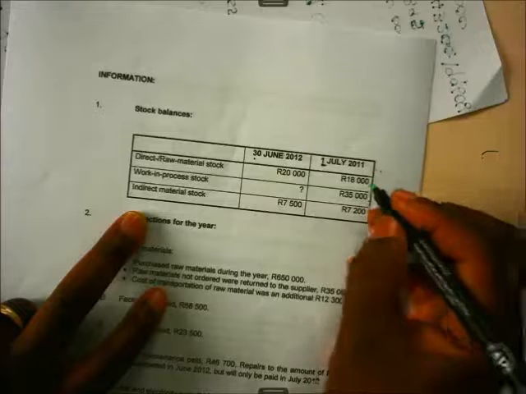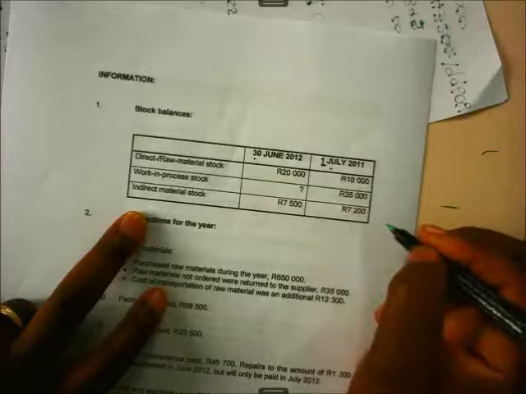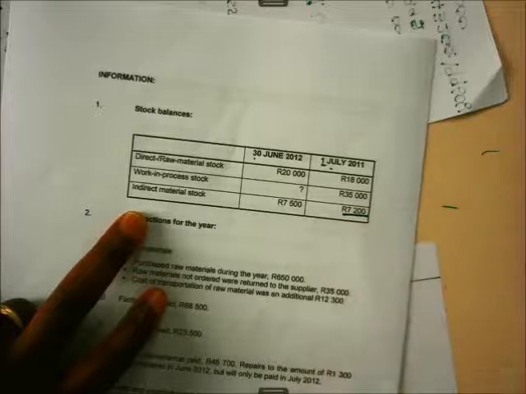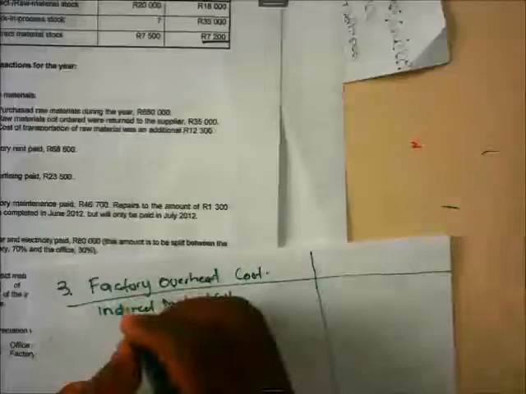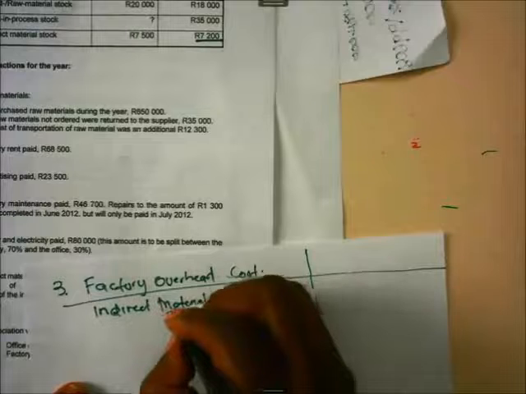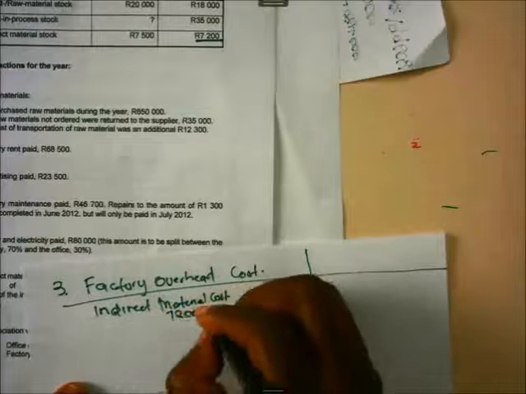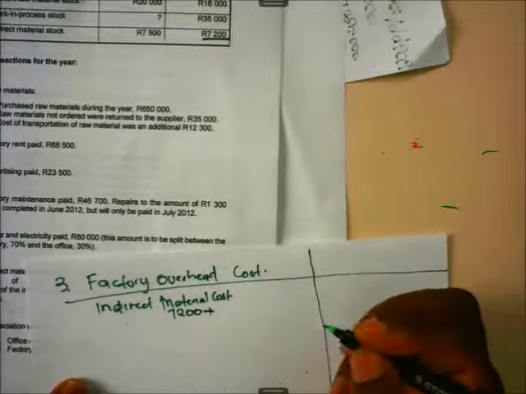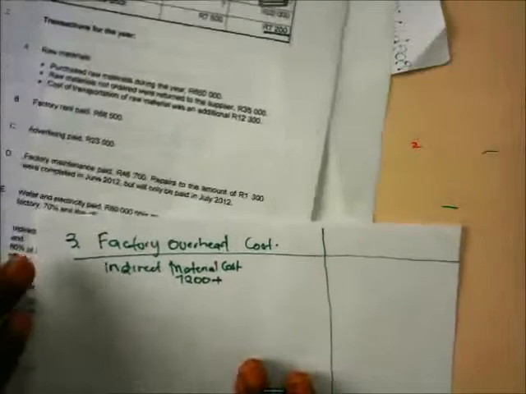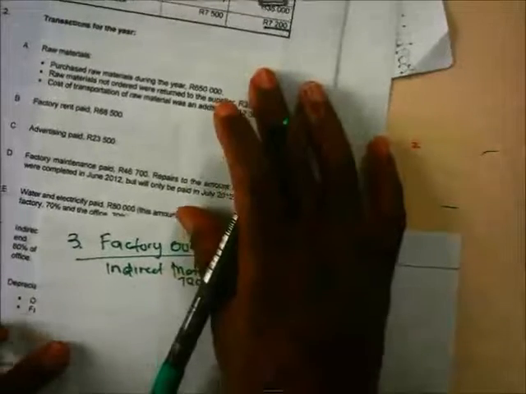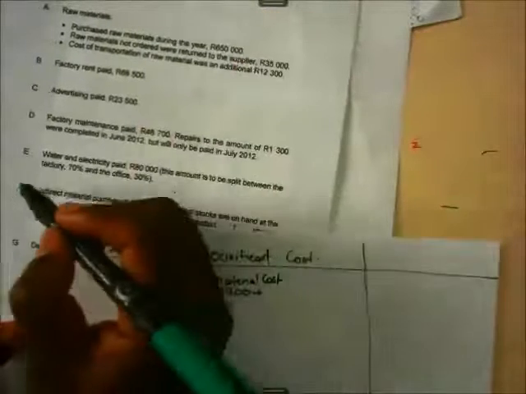On the 1st of July 2011, the opening stock was 7,200. Do not forget to add the purchases during the year, if we do have any. Now let's go to information number F.